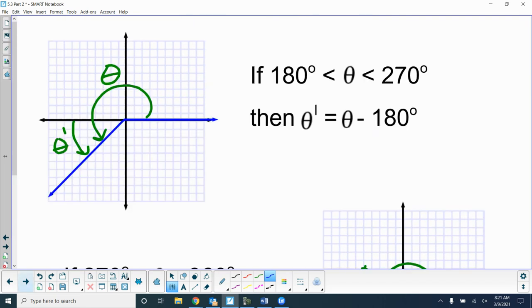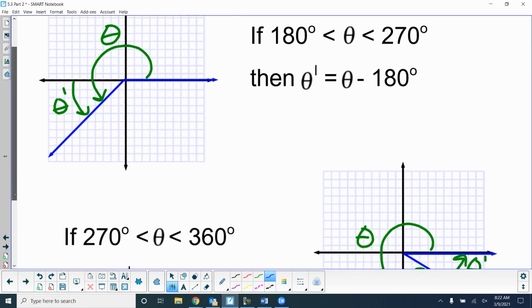If you're in the third quadrant, you're between 180 and 270. That's what this is saying. So whatever your angle is, like 225, subtract 180 from it, and that'll give you 45 for your reference angle. So it's whatever the angle is minus 180 to get the reference angle.